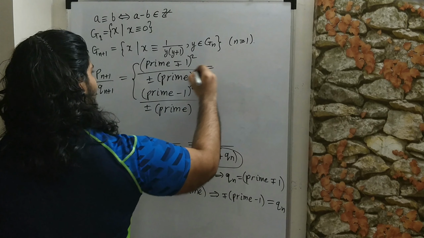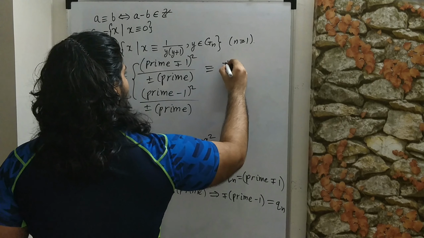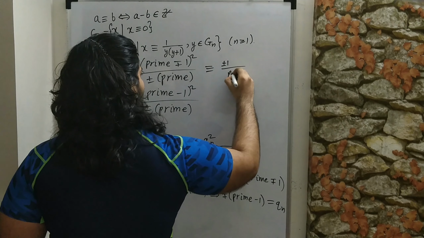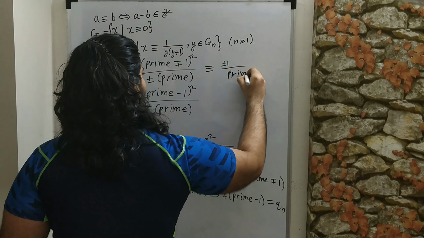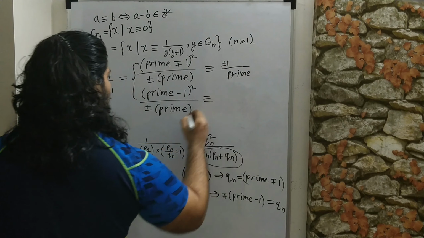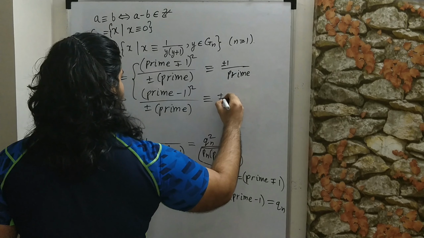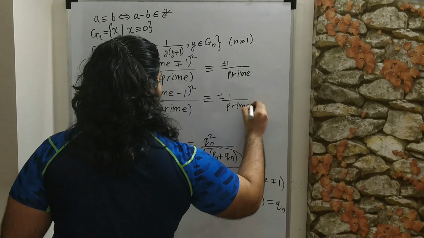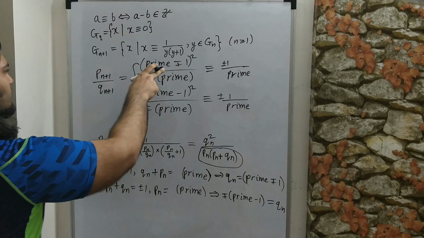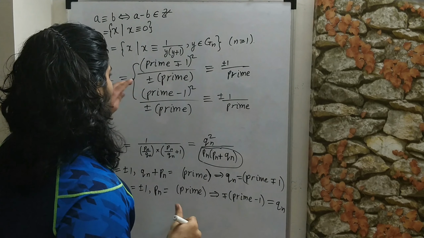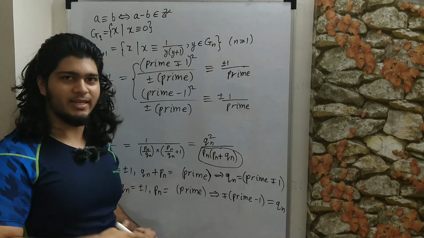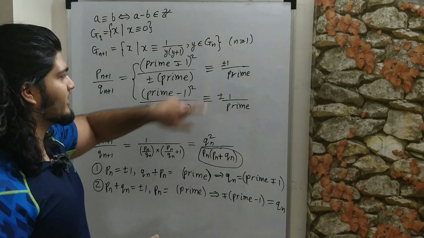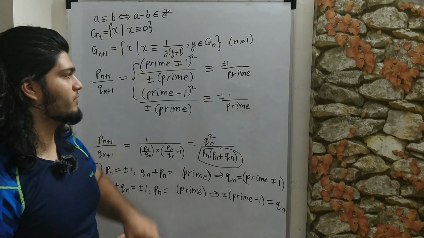And this is congruent to plus minus 1 over prime, and this is congruent to again plus minus 1 over prime, because when you expand the square you get two terms which are some multiple of this prime, so they get cancelled, and of course their difference will be an integer with this term.